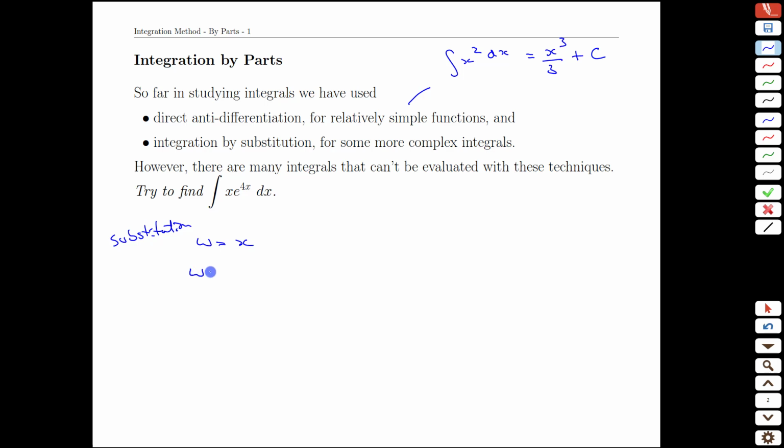The other option might be e to the 4x, but we would not be able to cancel that x out front. We wouldn't have that classic substitution pattern of an inside function and the derivative outside. So neither here leads to a simpler integral. And so we need a new technique.